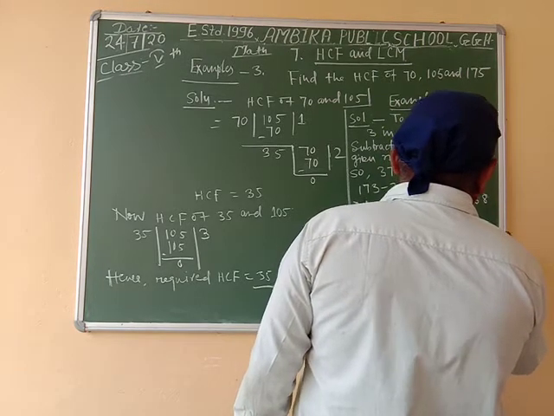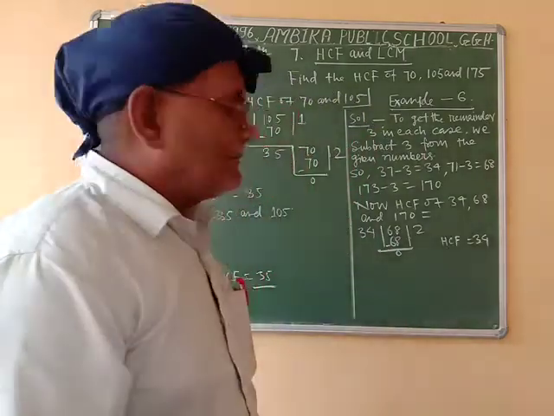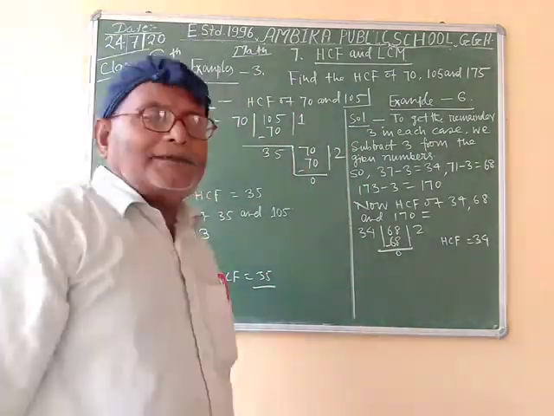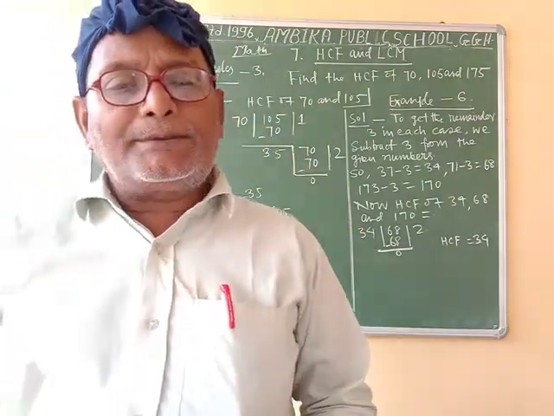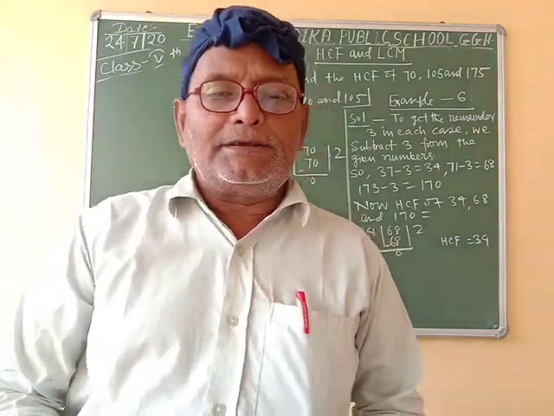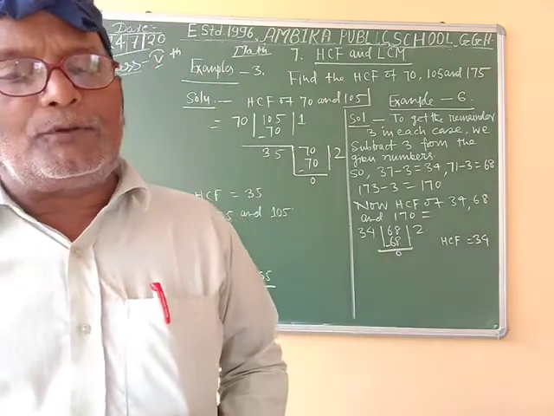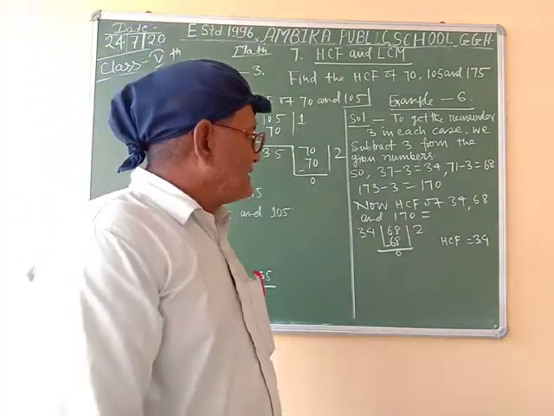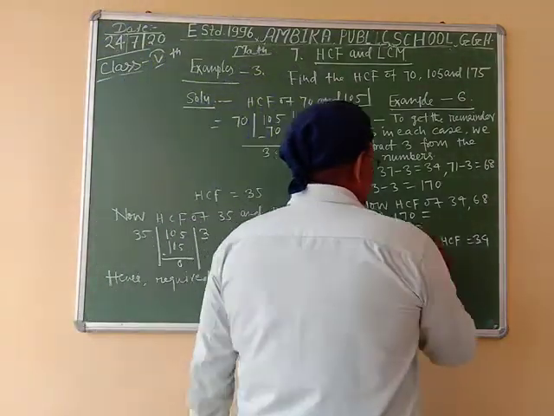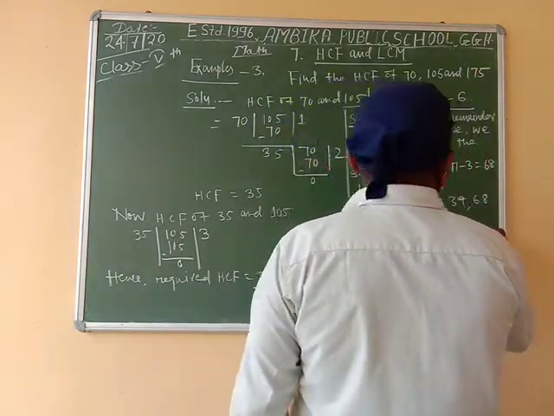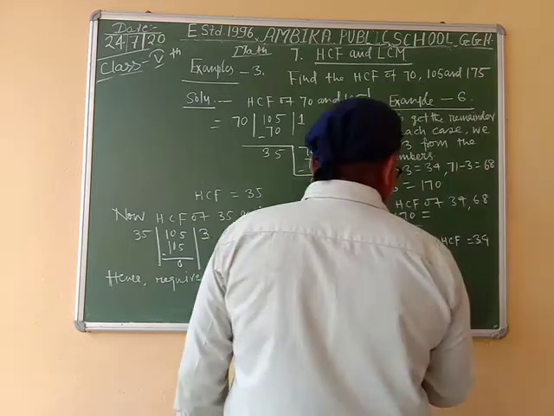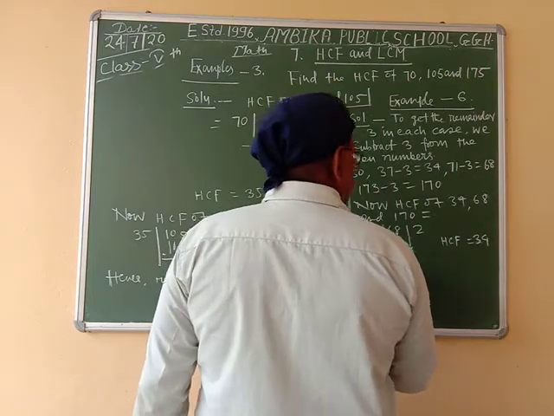We have learned that if we have three numbers, to find the HCF, first of all find the HCF of two numbers, and after that we find the HCF of the HCF obtained in the first step and the third number. So we find the HCF of 34 and 170.